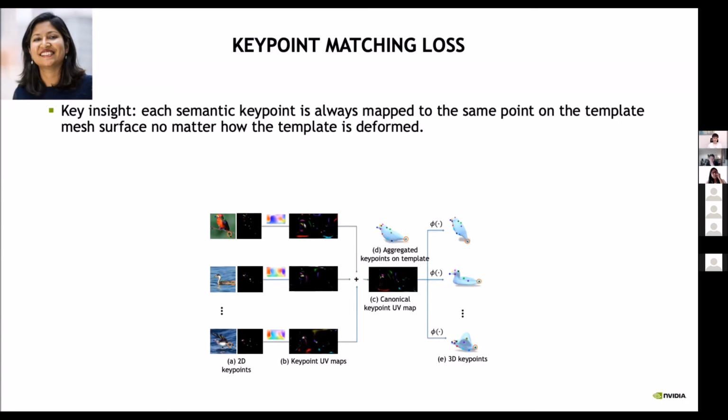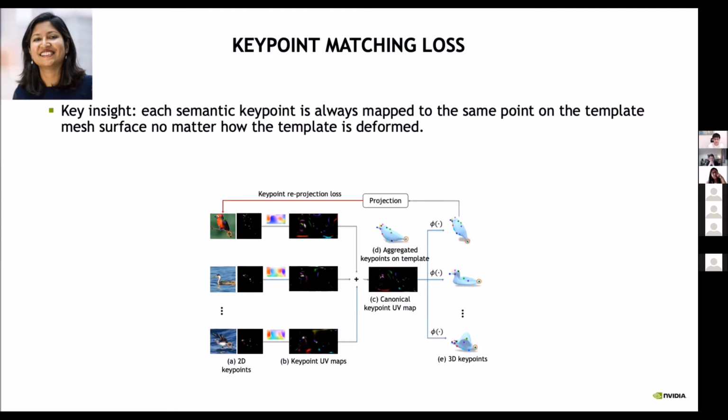Furthermore, we can also use the learned canonical key point UV map to find semantic key points on each individual reconstruction for each instance. For example, the orange circle that you see in this image represents the tail key point in each bird instance for each reconstruction.